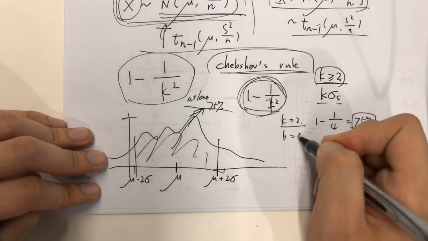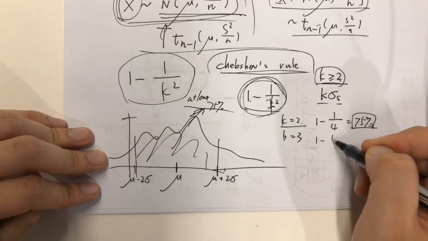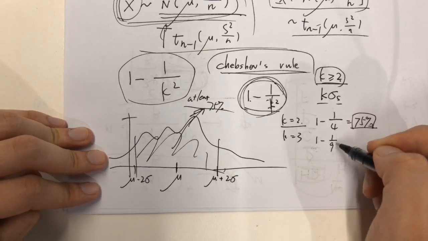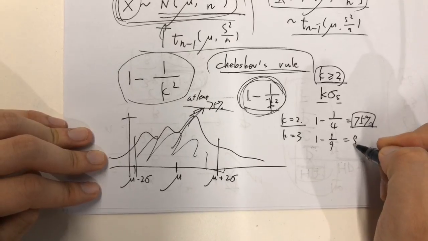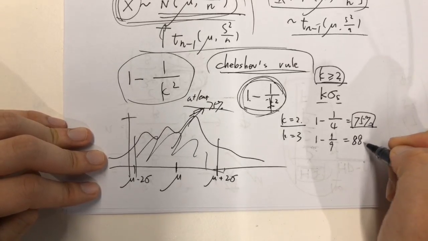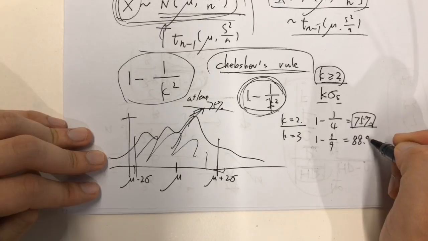And when k equals 3, it's 1 minus 1 divided by 9, which is around 88.9.